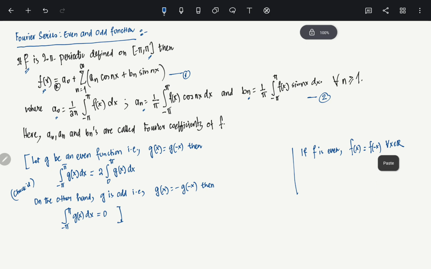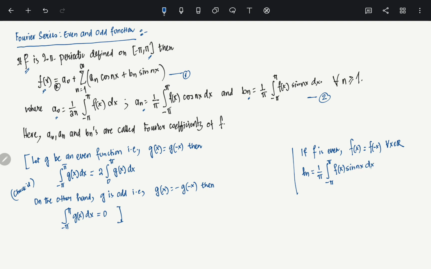If we want to write down the Fourier series of f, then bn will be 1 by pi times the integral from minus pi to pi of f of x sine nx dx, right?